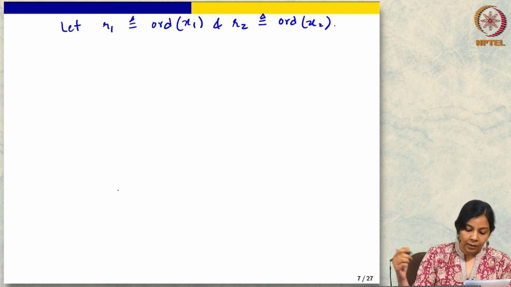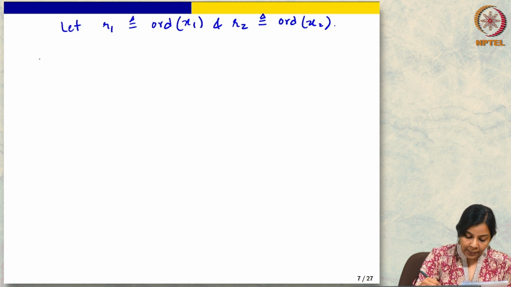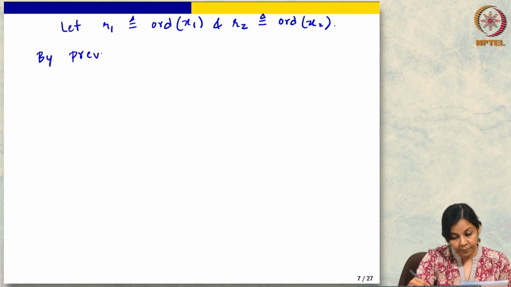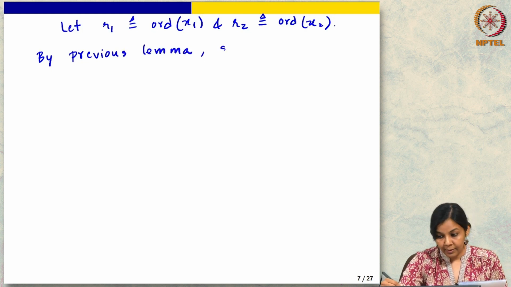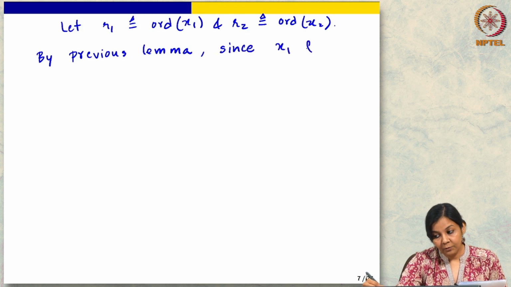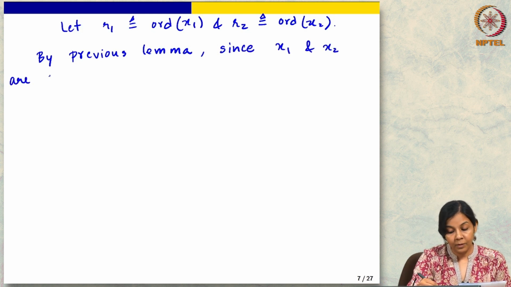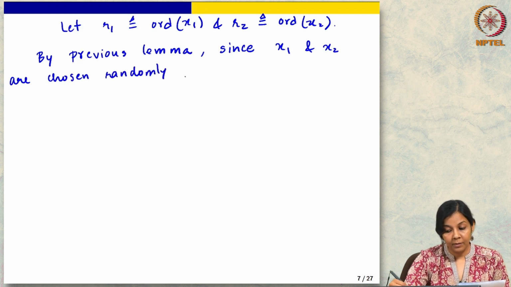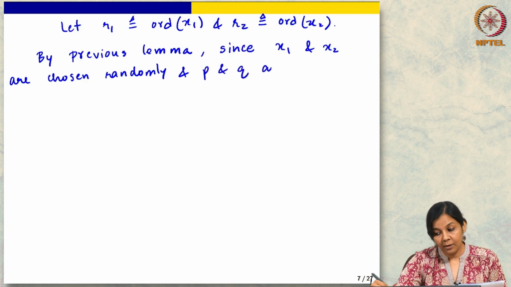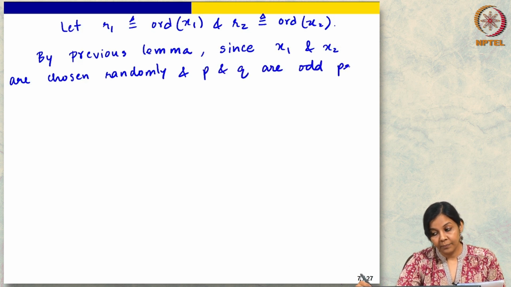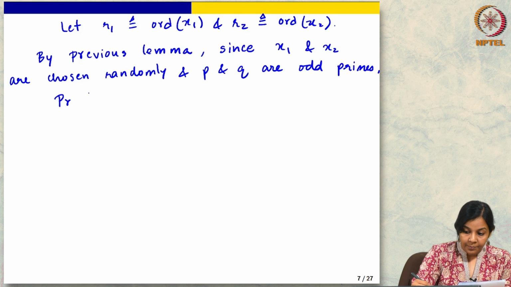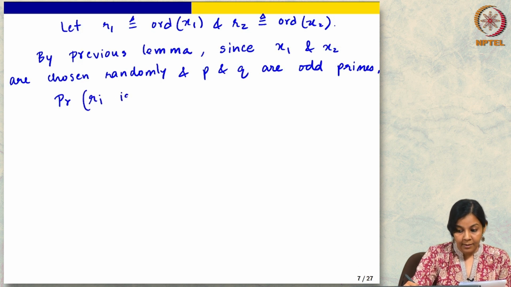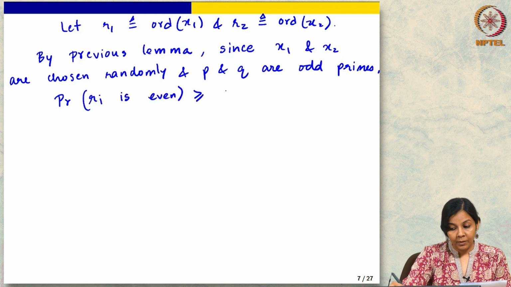Note that by the previous lemma, since x1 and x2 are chosen randomly and p and q are odd primes, we have that the probability that Ri is even is at least half.